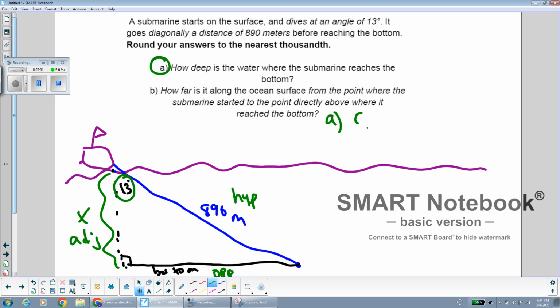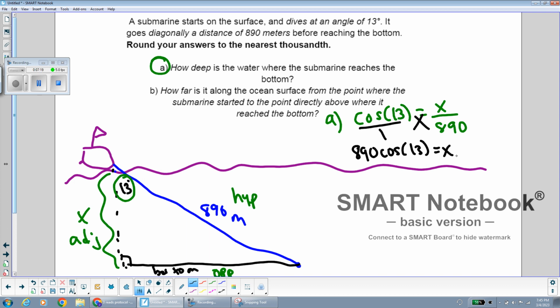So I'm going to use cosine of angle 13 is equal to the adjacent leg over the hypotenuse. I'm going to put this over 1 and cross multiply. I have 890 cosine of 13 is equal to x. I'm going to plug this into my calculator, 890 cosine of angle 13.